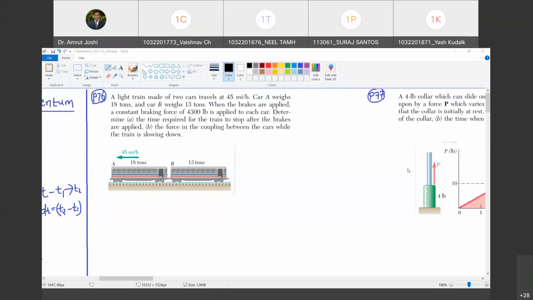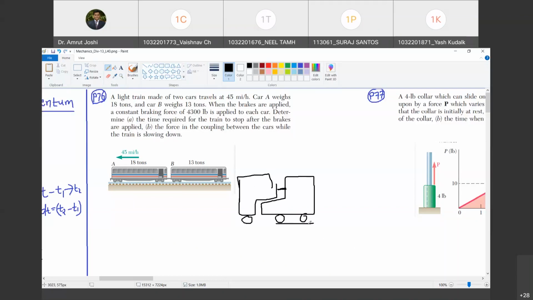So we have solved a similar problem. Do you remember? There was a cab and a trailer, and there was a coupling in between.